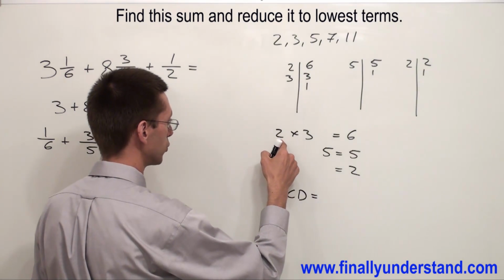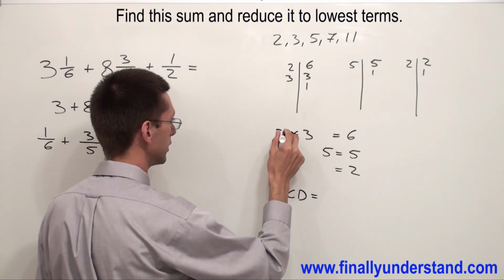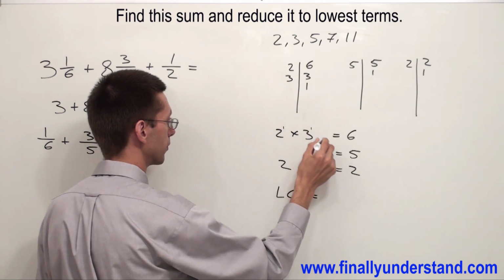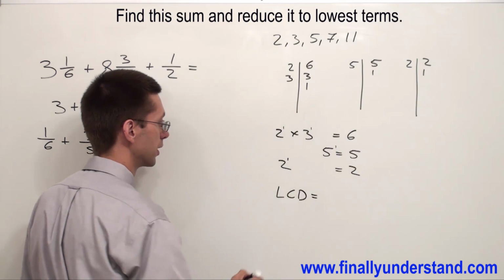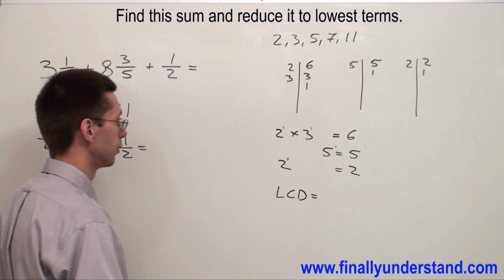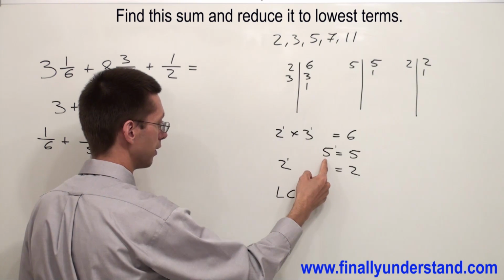Now, we have numbers which have no visible powers. Anytime there is no power written over here, there is always an invisible one. Okay, so all of them have the same power. So I have to choose the different numbers. I have 2's, I have 3, and I have 5.